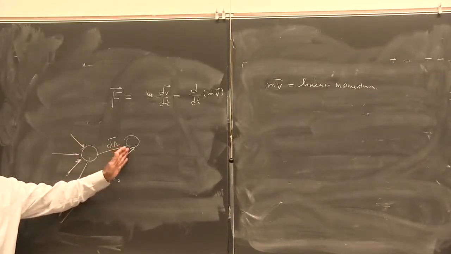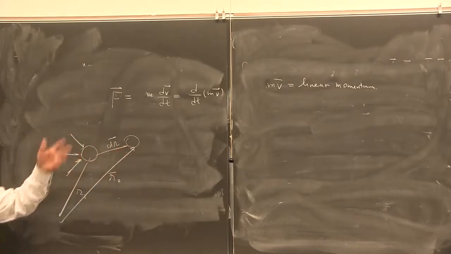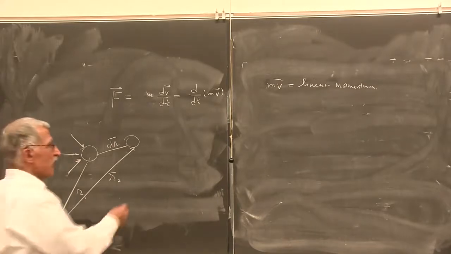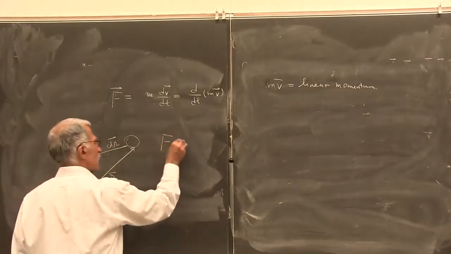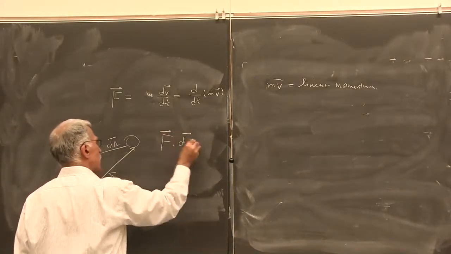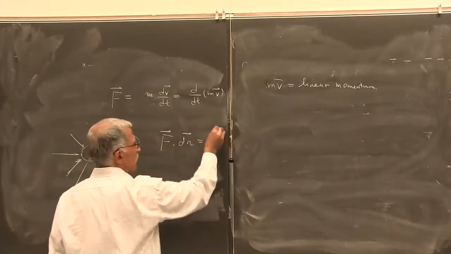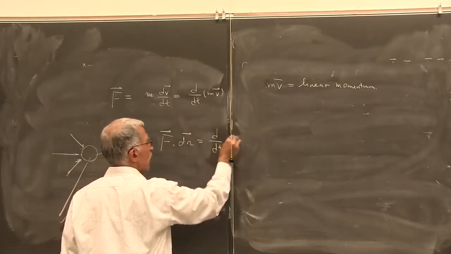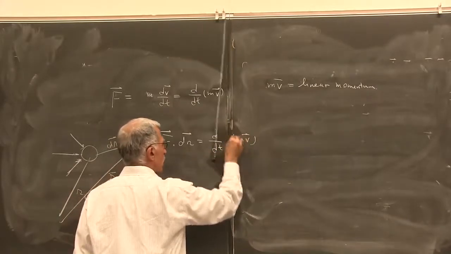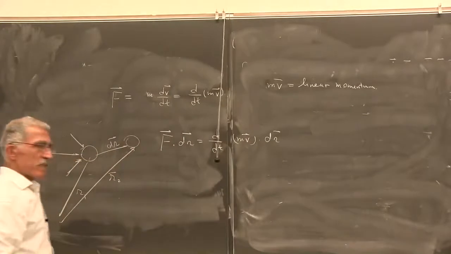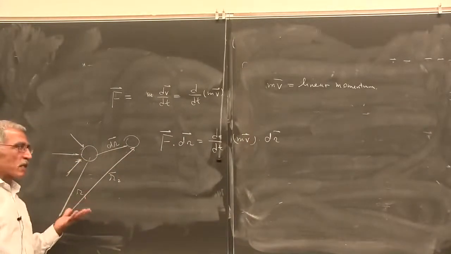Force times the displacement is a work, F dr. So if you multiply both sides of the equation by F dr, this becomes work. And if you multiply this side of the equation by dr also, then you can say this is a work that has been done by the system.